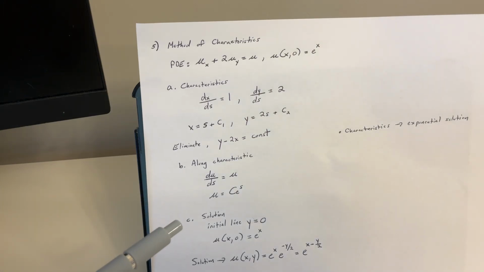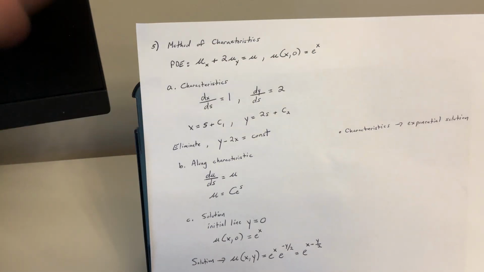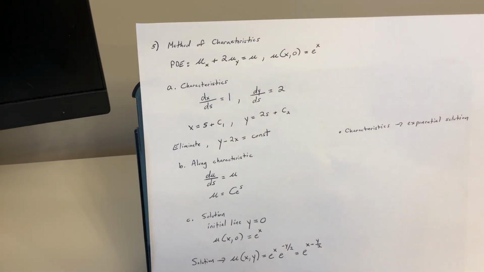So moving along to letter C, solution. Well, if we have the solution along the initial line, the x-axis here, y equals 0, for instance, u of x, 0, remember that's e to the x, right? Now, the solution in this case would be u of x, y, which would be e to the x times e to the negative y over 2.